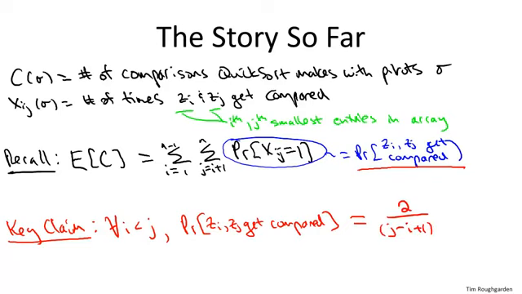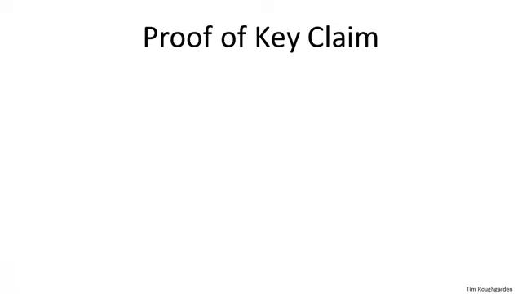So for example, in this example of the third smallest element and the seventh smallest element, it would be exactly 40% of the time. 2 over 5 is how often those two elements would get compared if you ran quicksort with a random choice of pivots. And that's going to be true for every i and j. The proof of this key claim is the purpose of this video.